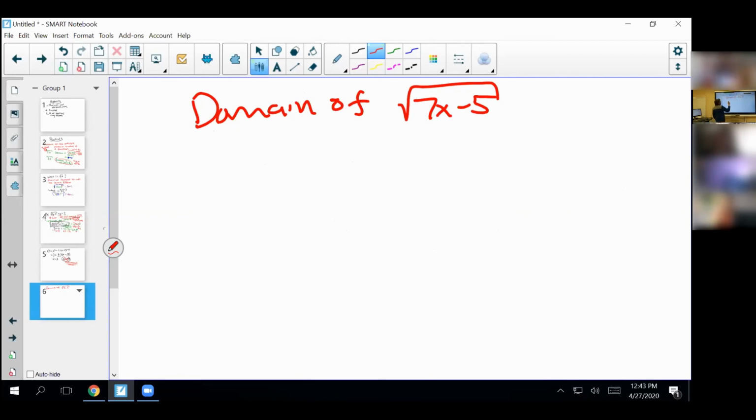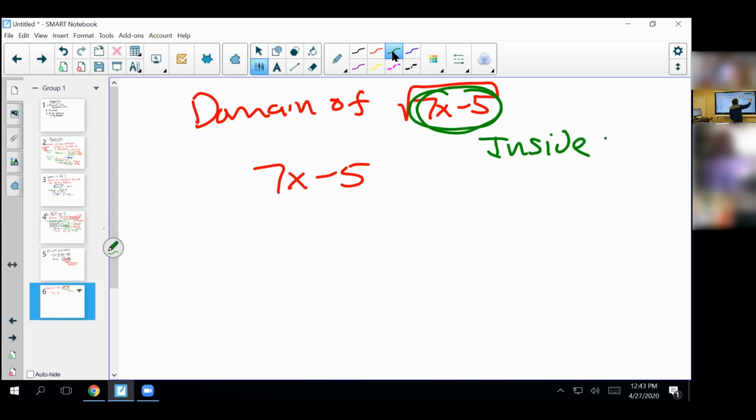Well, basically, we just don't want to take the square root of a negative number. So I'm actually going to take the 7x minus 5. Notice I don't have the square root. It's because I'm just taking what's inside the square root, and I want what's inside to be bigger than or equal to 0. That's going to allow me to take the square root and be inside the domain.